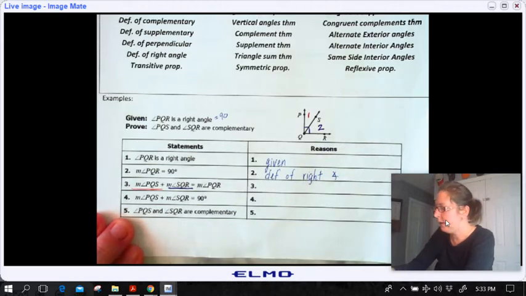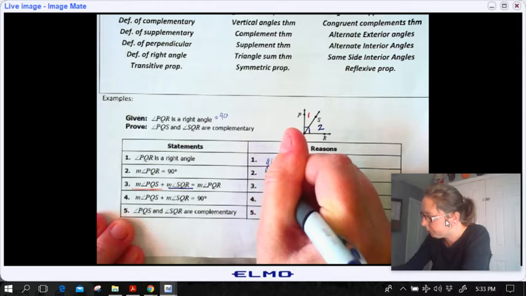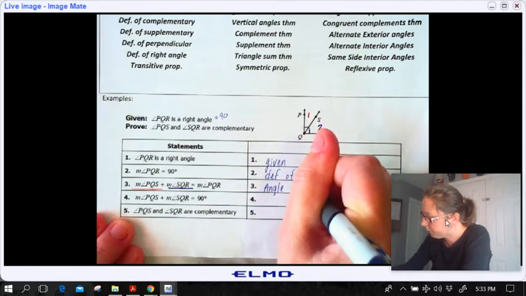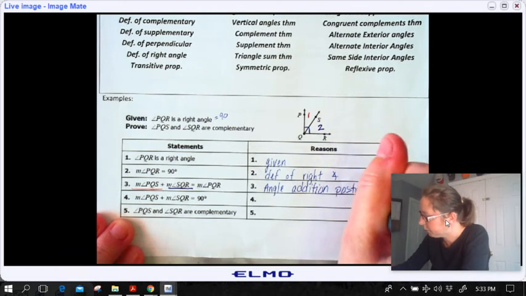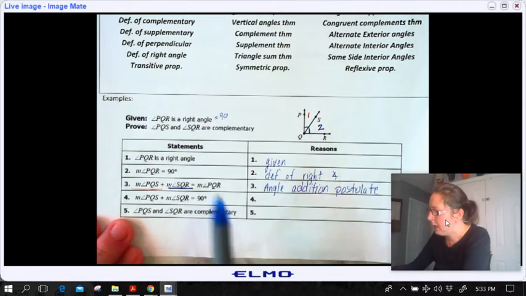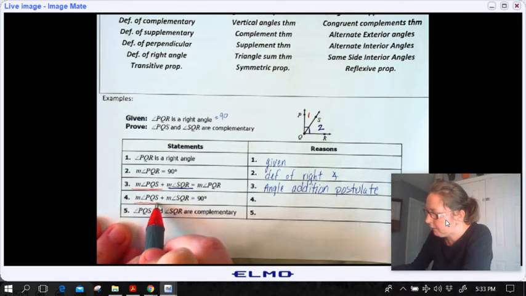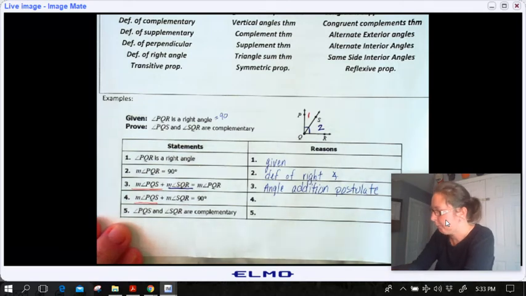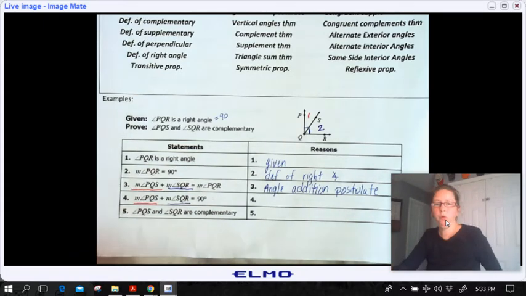Okay, so that is the angle addition postulate. The sum of the two smaller angles equals the larger angle. Now what we're going to do is we're going to transition and say PQS and SQR equal 90 degrees, okay? So you can kind of think of this in two ways.